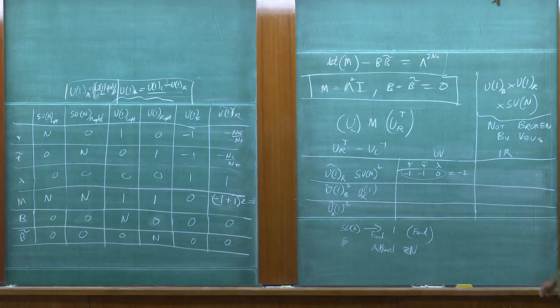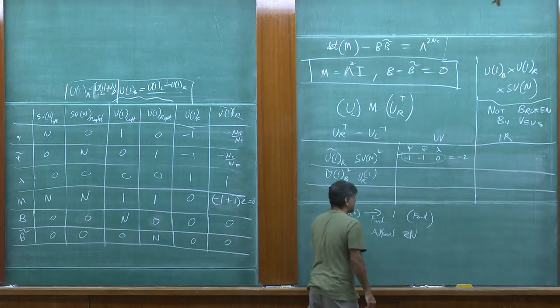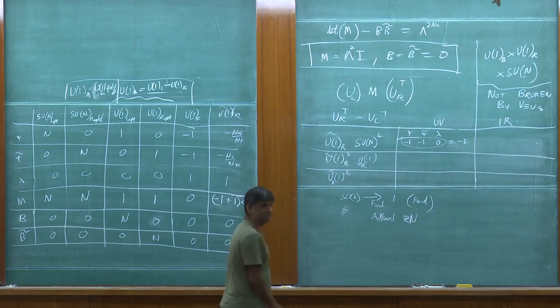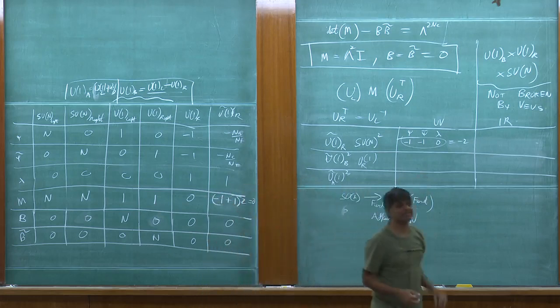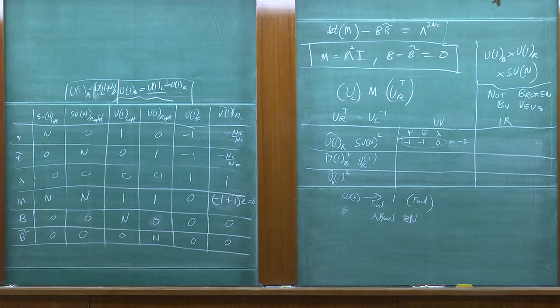Now let's look at how that works in the IR. So, what are the fields in the IR? In the IR, we have to look at the tangent space of this manifold around this point. If we linearize around this point, this will tell us the trace of the linearization of M is 0.